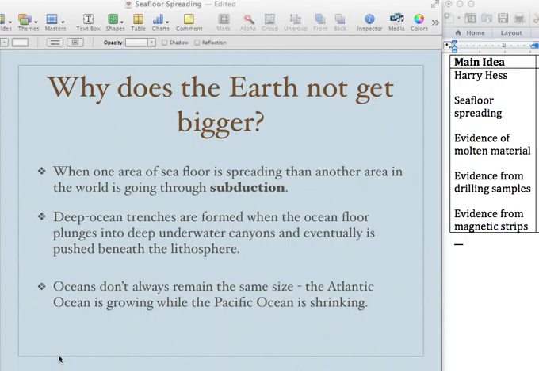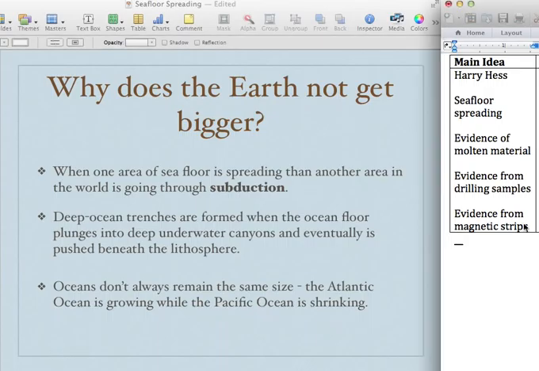And it turns out that when one area of seafloor is growing, like in the middle of the Atlantic Ocean, another part is going through subduction, which happens when some ocean crust in another part of the world is pushed underneath a continent and basically recycled back into the Earth. So these trenches are formed when the ocean floor pushes into deep underwater canyons and is eventually recycled back into the Earth.